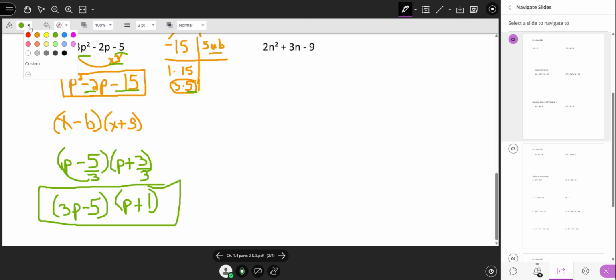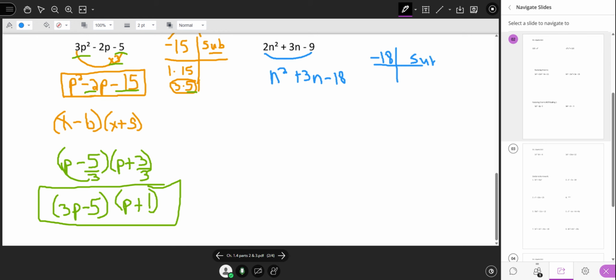So, number next. Move that one over. So, times 2 makes that minus 18. So my factors of negative 18 that will subtract to give me a 3.